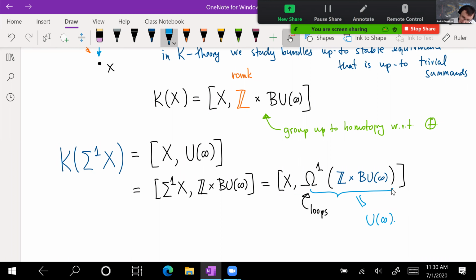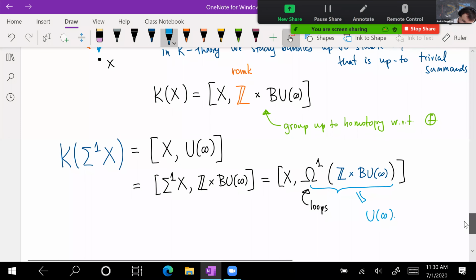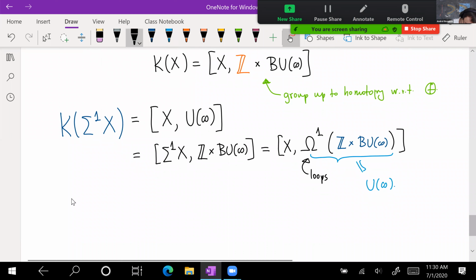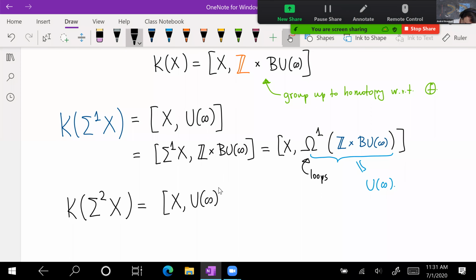But now Bott tells us, so this theorem we just proved tells us that the K-theory of the twofold suspension, that's just again X going to U. And so this object is looped to this, but that is loops in your original thing.